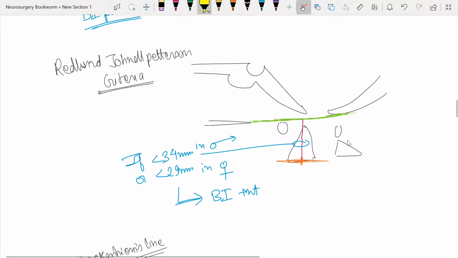Next criteria is the Redlund-Johnell-Petersson criteria. So how do we draw this line? So first we will draw a McGregor line. Remember, McGregor line is a line which is drawn from the posterior end of the hard palate to the caudal most part of the occipital curve.